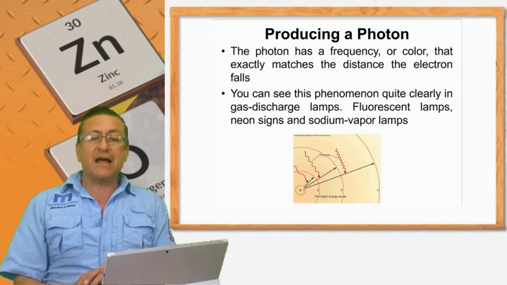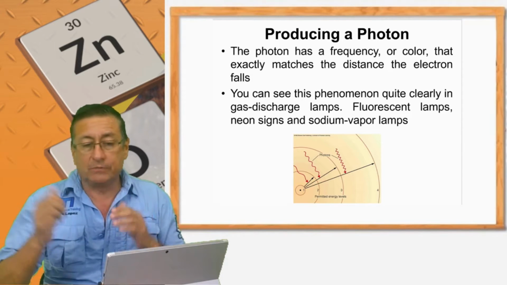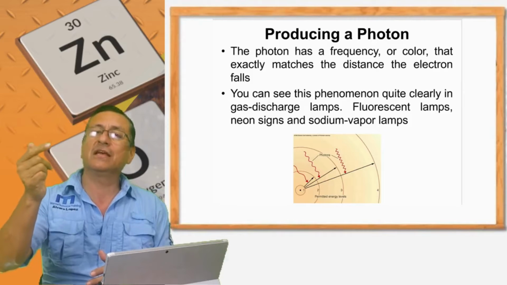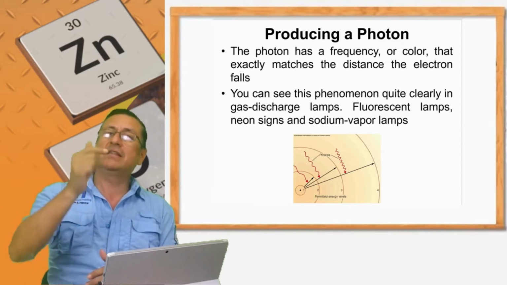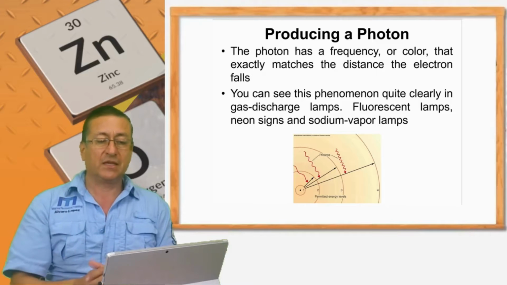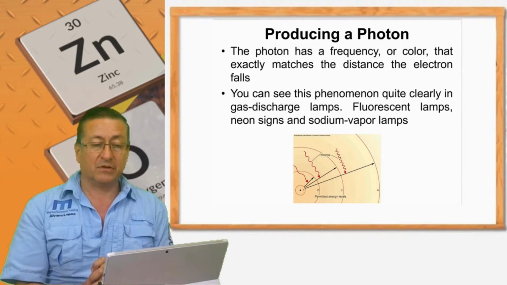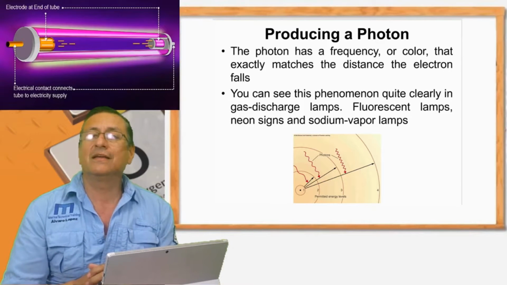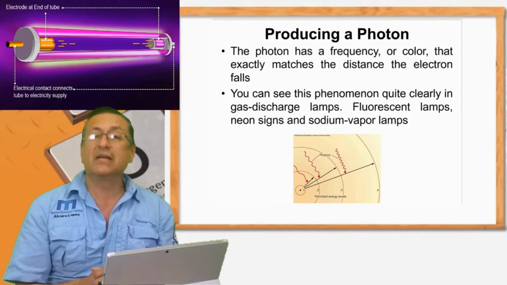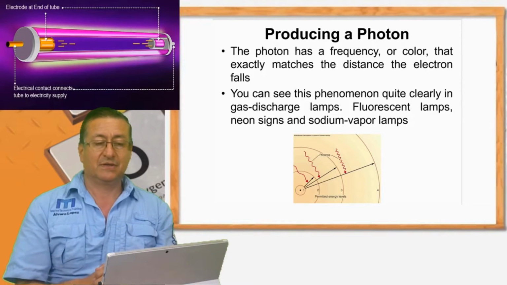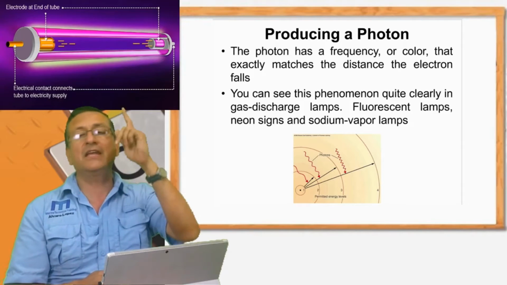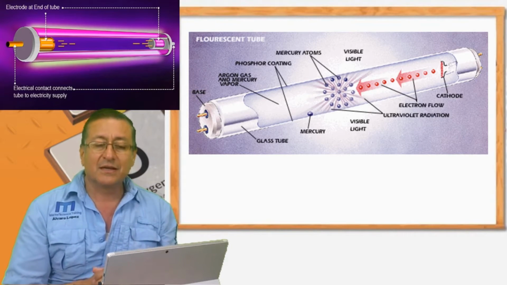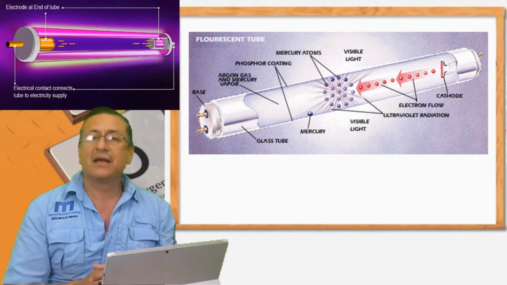The photon has a frequency or color. That color depends on the distance that the electron travels in the process of return. You can see this phenomenon in the lamps, in the neon lamps, in the fluorescent lamps, because inside of those fluorescent lights you have neon and sodium vapor.